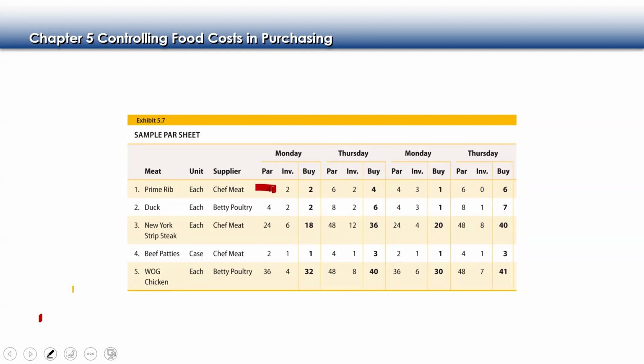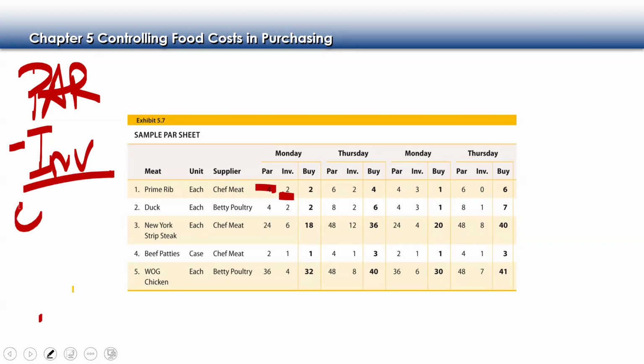So if I already have 2 in inventory, then all I have to do is buy 2, right? So my order is par minus inventory. That is the amount to order. Par minus the inventory.